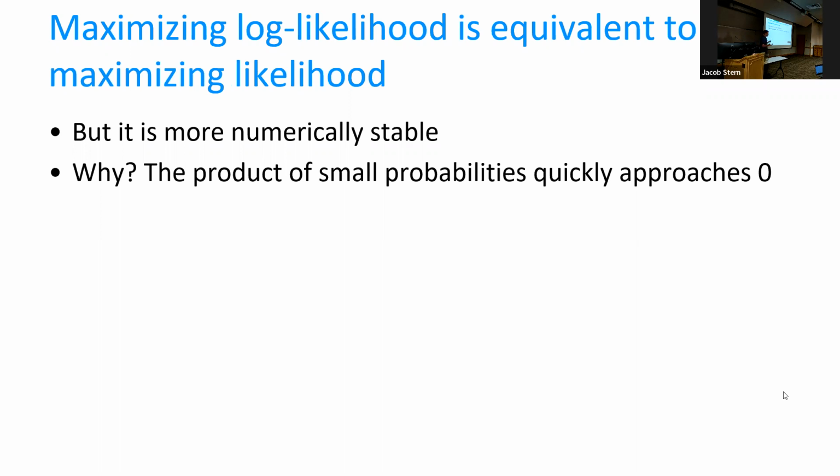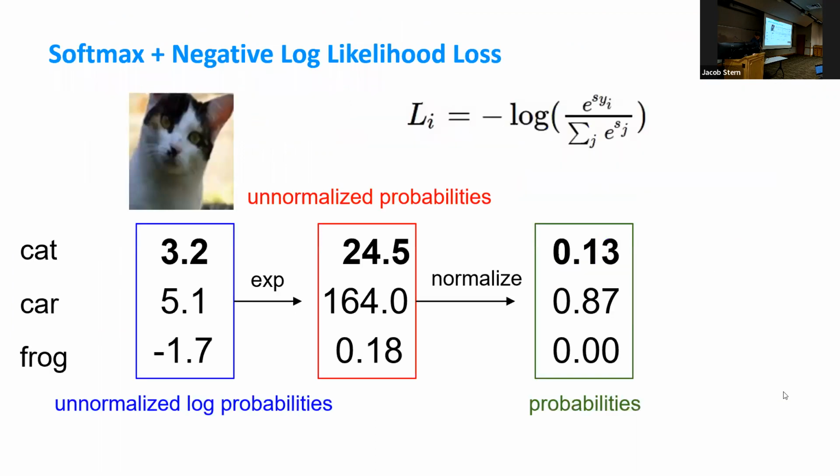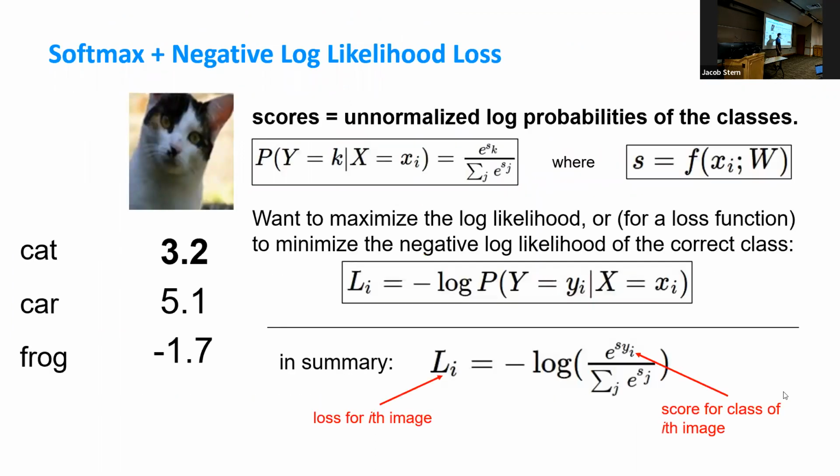Okay, so we took the log of our loss. Why did we do that? Well, it turns out that because the log function is an increasing function, the maximizer of the likelihood is the same as the maximizer of the log likelihood. But when you're dealing with probabilities, a lot of the time in deep learning you'll have multiple probabilities multiplied together.